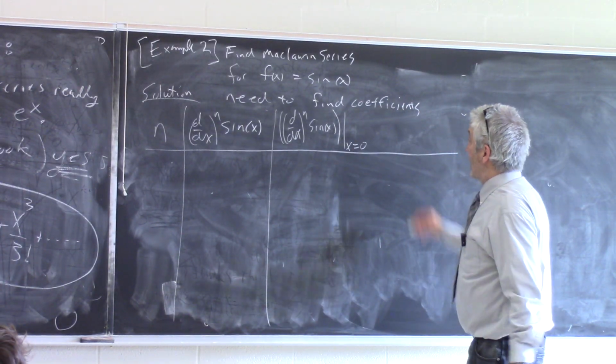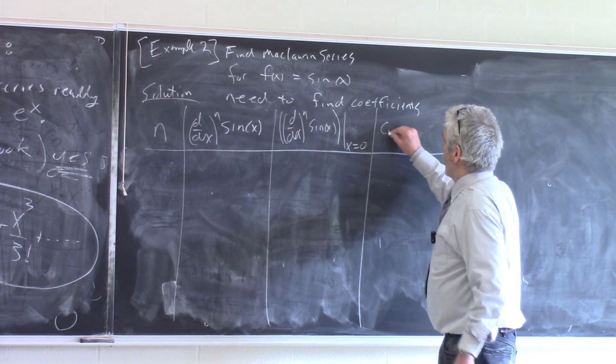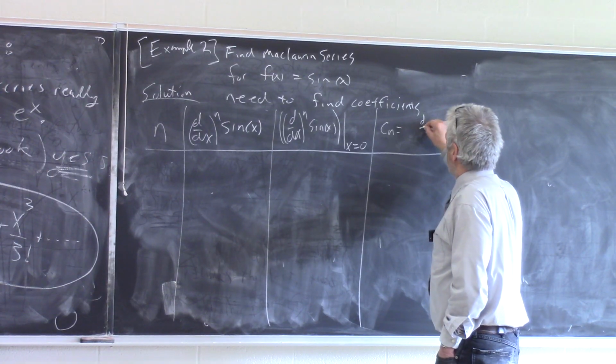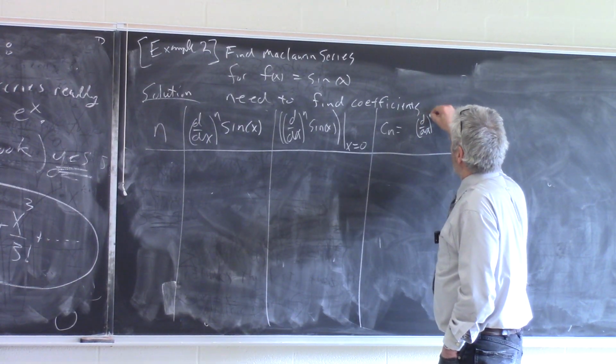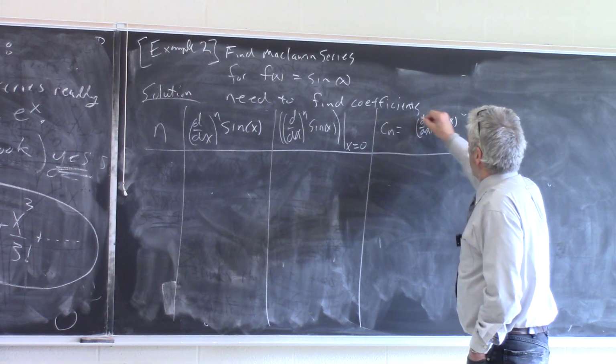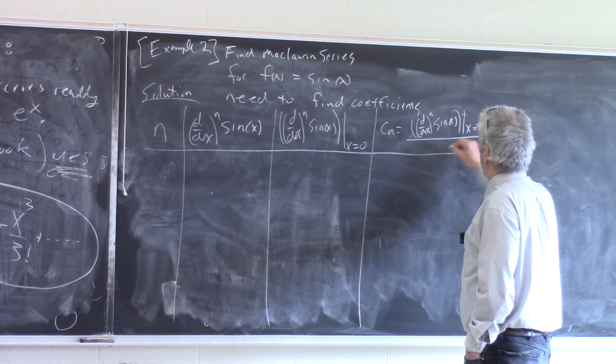And then finally, we're going to need to build the coefficient, which is Cn. So the nth derivative of sine of x, and then we substitute in x equals 0, and we divide by n factorial.